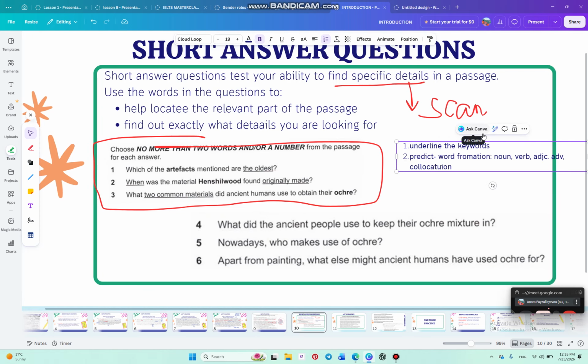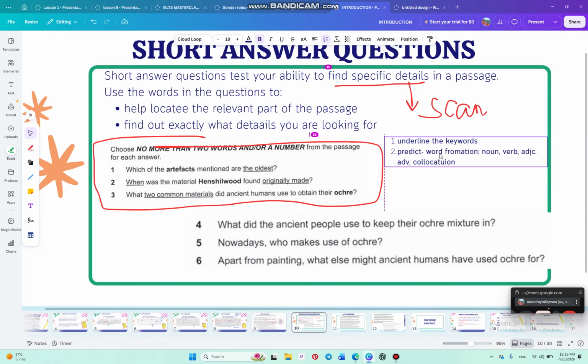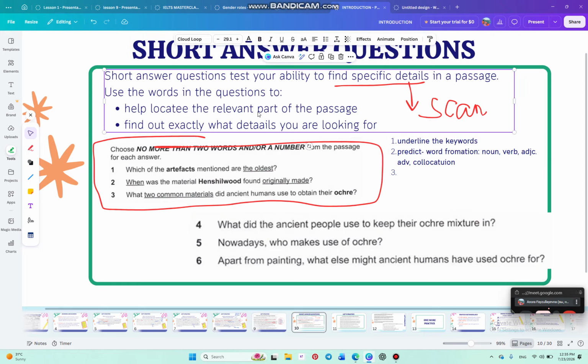You have to look very carefully at all of them. These are the two things that you must do. You should also locate the relevant part of the passage. If you underline, you can locate specifically in the passage, and you can easily find the details.